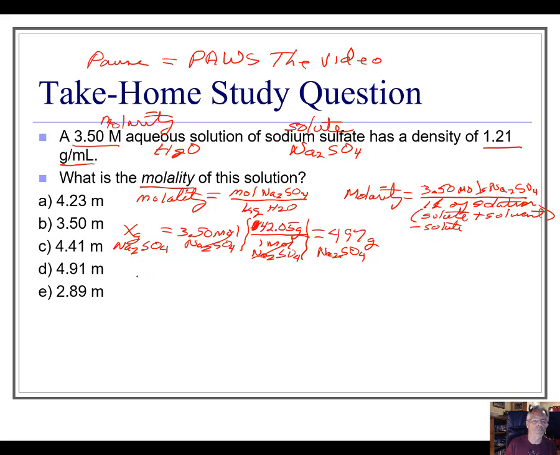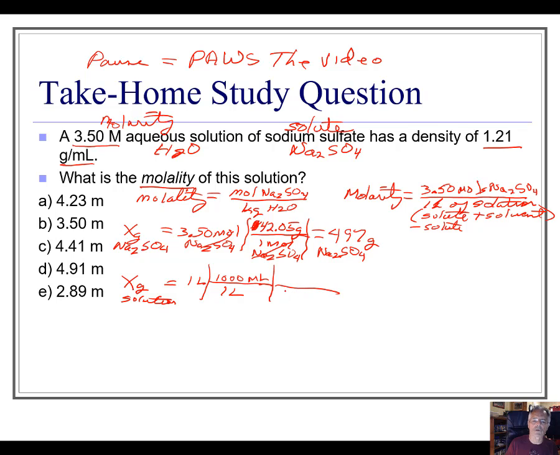So here we go. That's going to be X grams of solution, which is going to be equal to 1 liter of solution. I'll convert liters to milliliters, and there are 1,000 milliliters per liter.